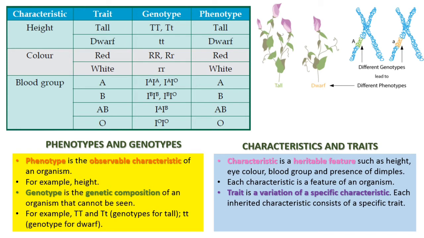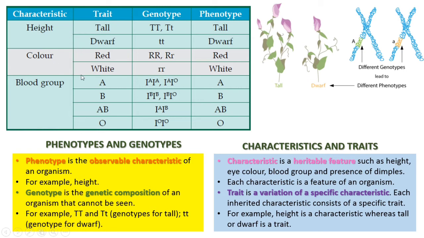Each inherited characteristic consists of a specific trait. For example, height is characteristic, whereas tall and dwarf is a trait. Height adalah karakteristik. Jadi height ada dua trait, tall dan dwarf. Color ada red and white. Variation of the characteristic.